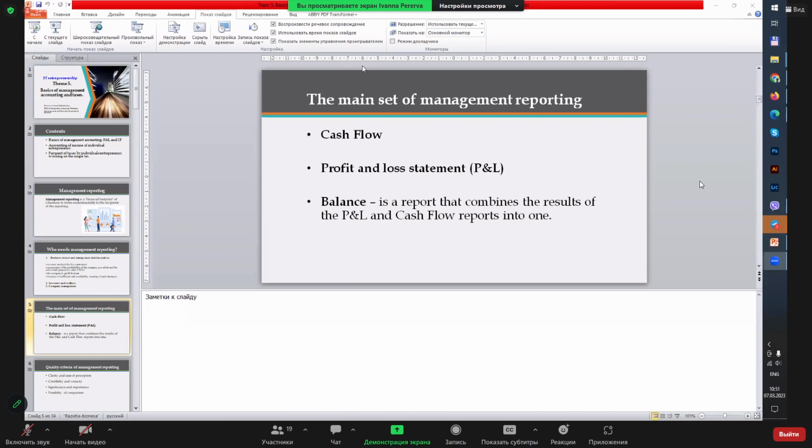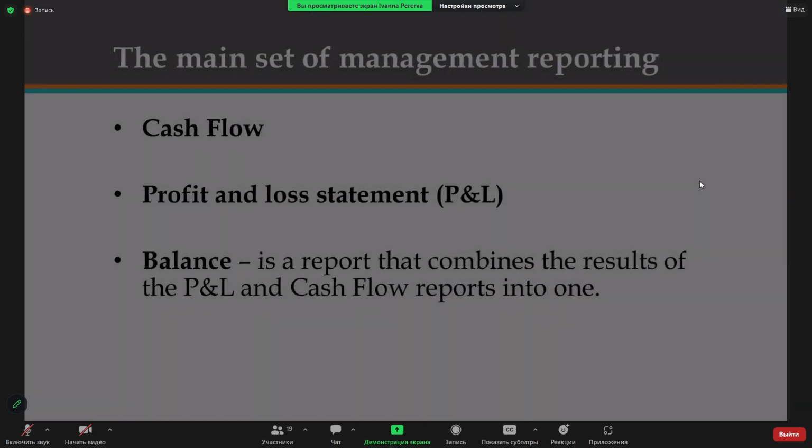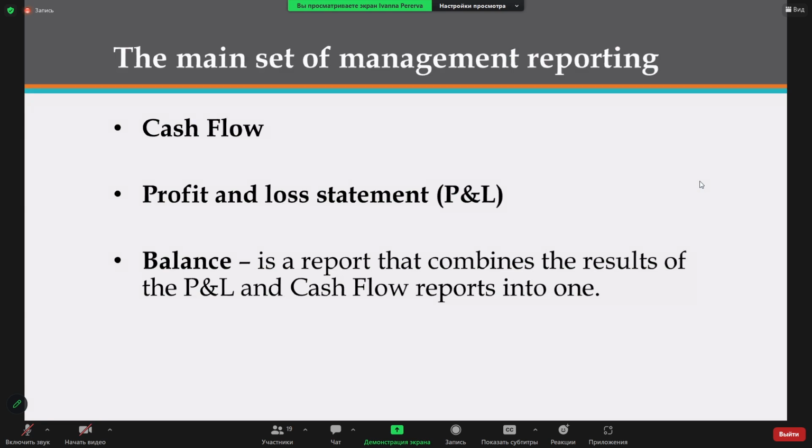But let's get back to our IT entrepreneurship. As you can see, we have considered all statements for new startups. Not always will you have a balance sheet at the beginning of your activity. In most cases, it will be cash flow.